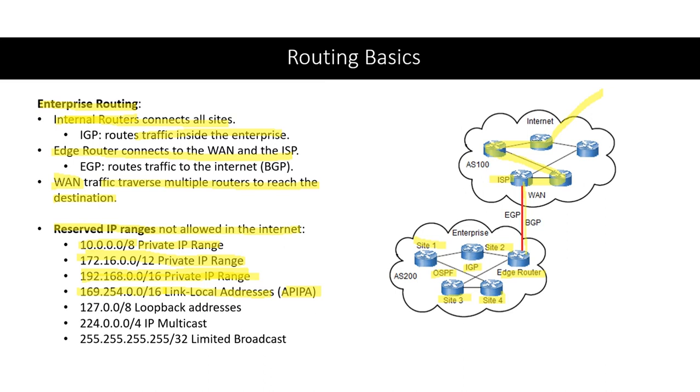Even Linux and macOS will use that IP address in case you don't have a DHCP. So this is a self-assigned IP address. If I self-assign an IP address within a 65,000 range, chances are I will not have a duplicate IP within a sizable network. So you can use that as a last resort.